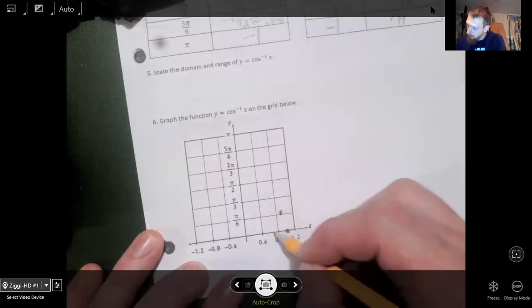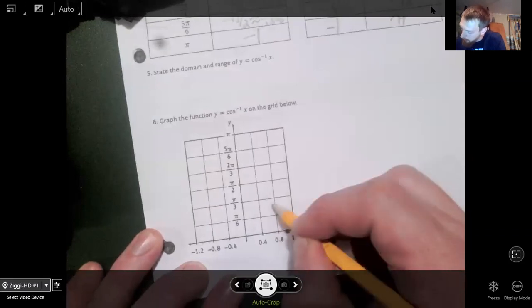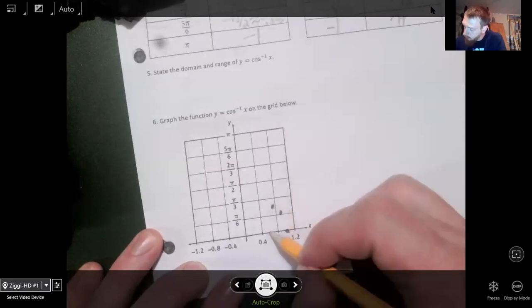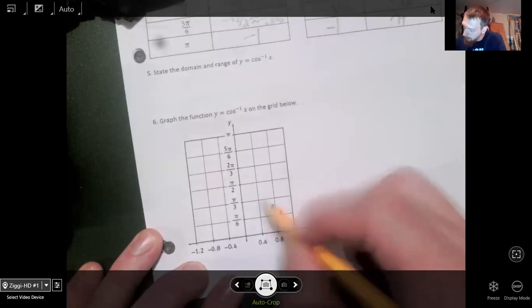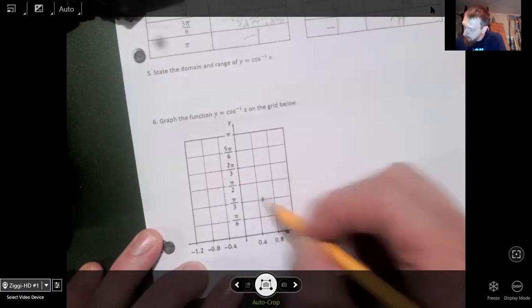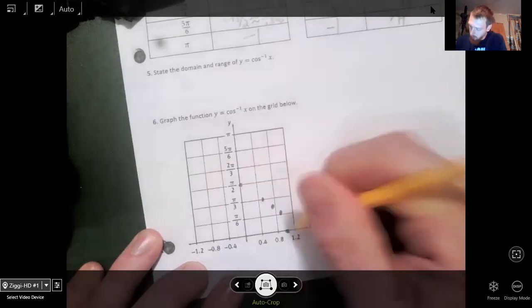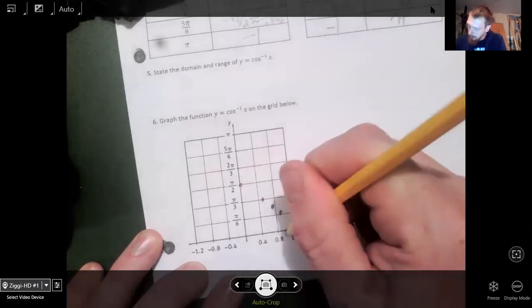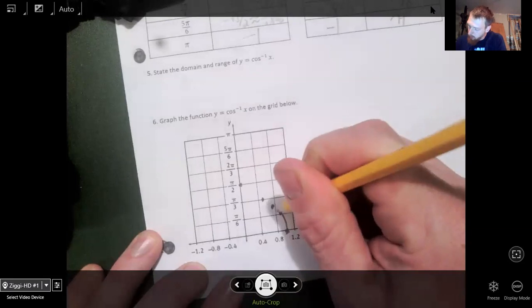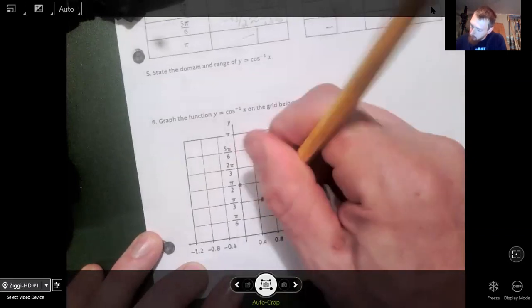When x is 0.707, y is π/4. When x is 0.5, y is π/3. When x is 0, y is π/2. So we're going to make that sinusoidal curve like so.